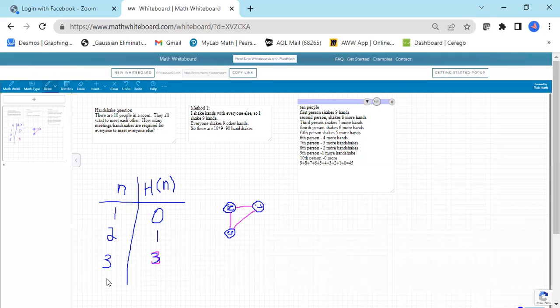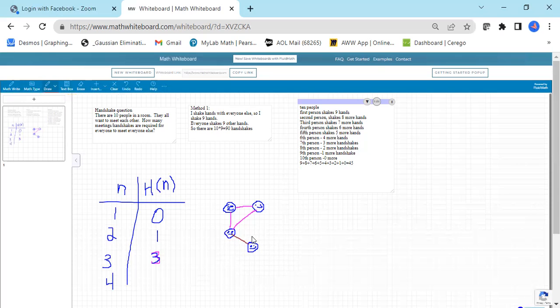All right. Any ideas? I would ask, any ideas, stop and think about it. For a fourth person, you bring in a fourth person. How many more handshakes are needed? Fourth person, and let's see, we've already got 3, right? Maybe I'll get a little different color so you can see the names.